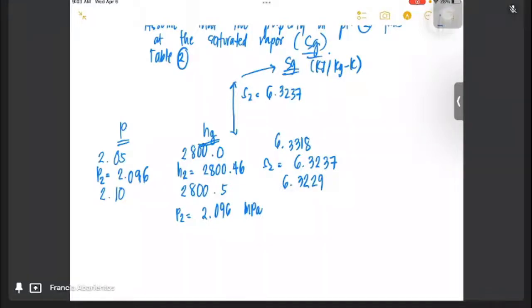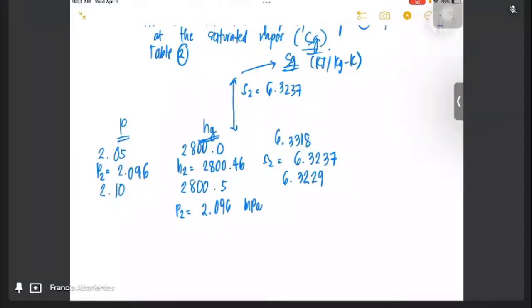Okay. So, since para may consistency tayo, sabi ko 2 decimal palagi tayo, pero sa entropy 4. So, i-consider ko na to as 2.10 MPa. Okay? Is that okay? And yung H2 pa rin natin, yun pa rin.